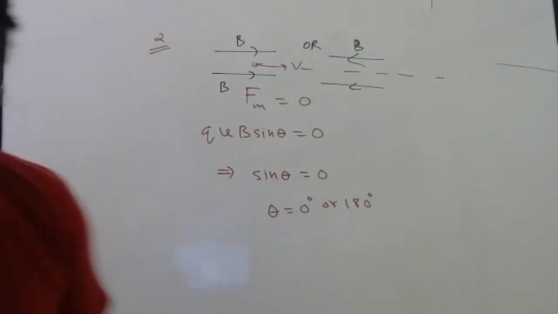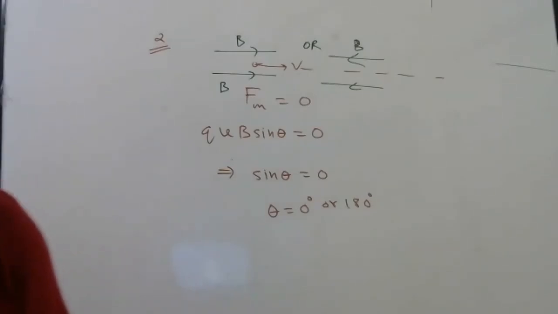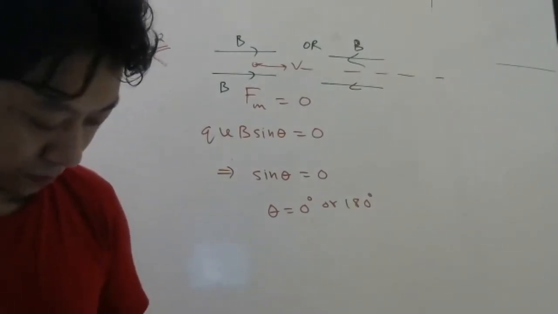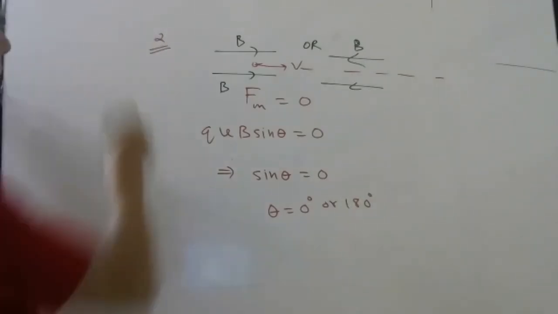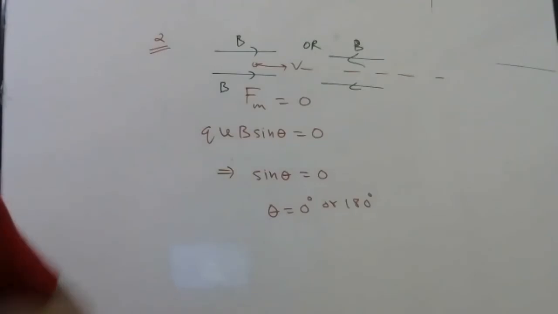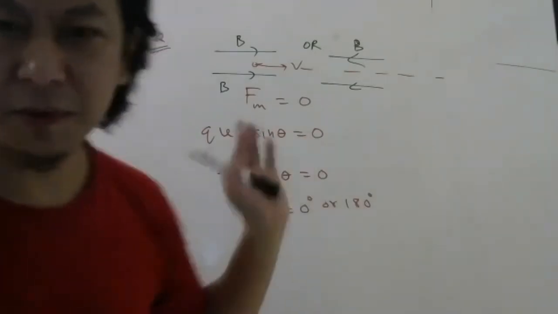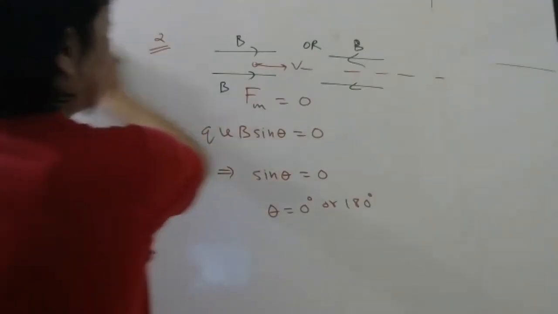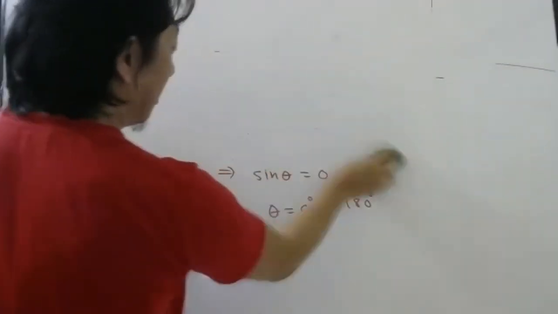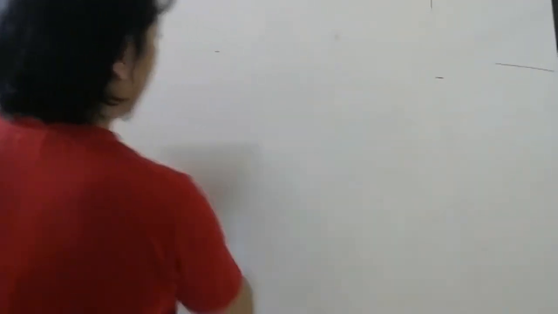Yeah, correct, Sudipta. Right, fast. These things we have completed before, while discussing theory: when a charged particle moves parallel to the magnetic field, the magnetic force will be 0.